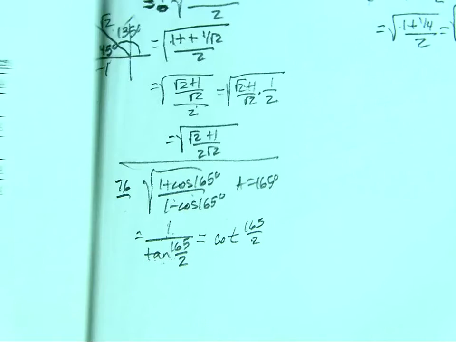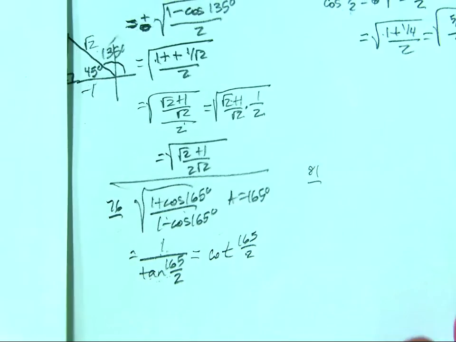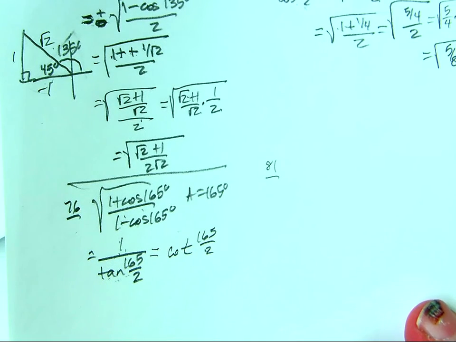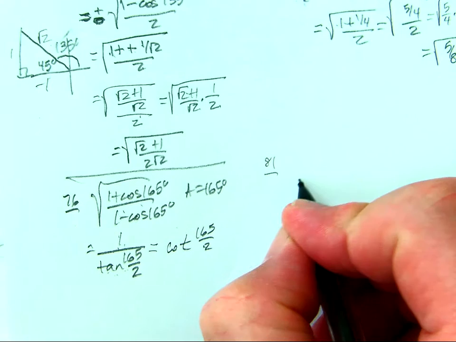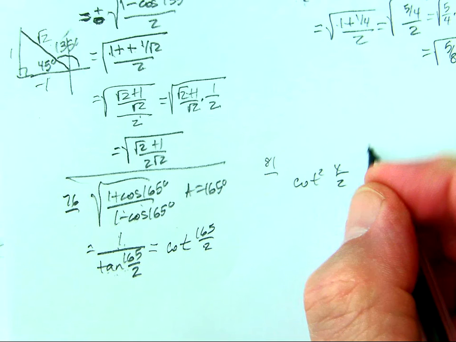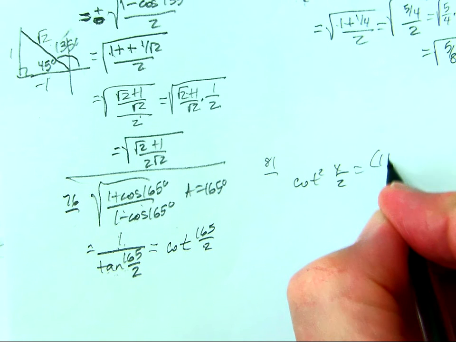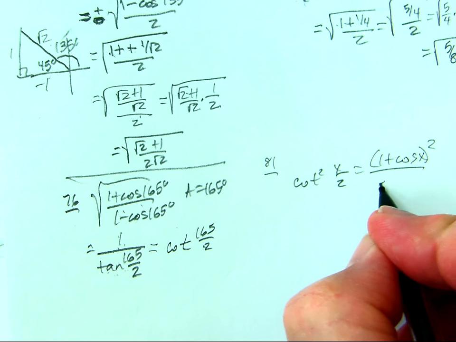Okay. The next one is 81. So 81, this kind of goes right along with 76. 81 says the cotangent squared of x over 2 equals 1 plus cosine x squared over sine squared.